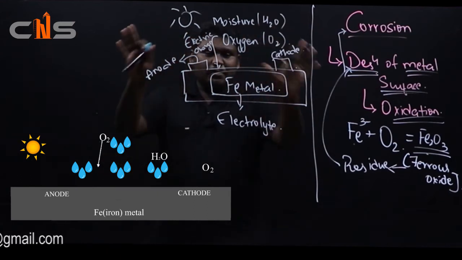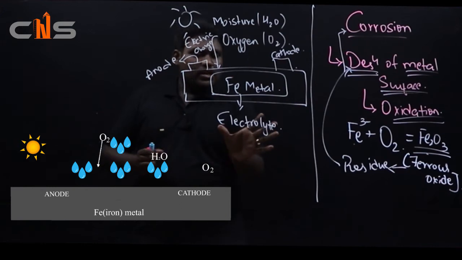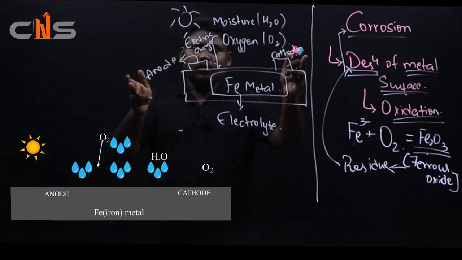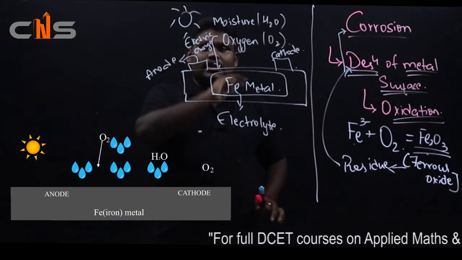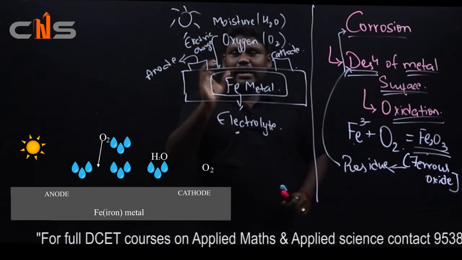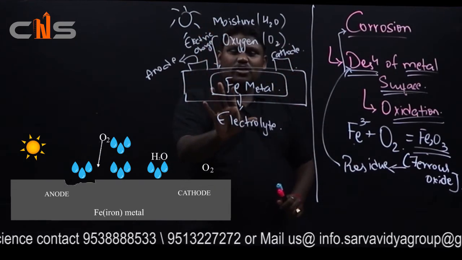So if you remember this setup, we have already discussed it in the electrolysis process. So we have the electrolyte, we have 2 electrodes, that is anode, cathode, and electric charge, that is the battery. What happens there? The electrode decomposes itself and liberates ions. The same concept occurs here.